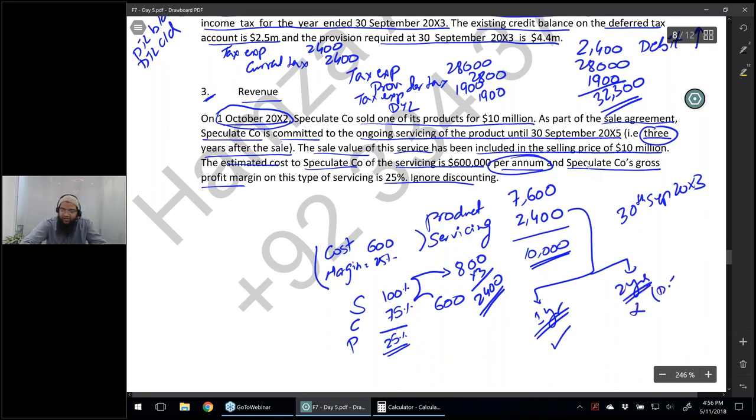That will be treated as deferred income. So 800 is the revenue for each year, into 2 is going to be 1,600. The values that we are calculating are in thousands. So the deferred income to be recorded is 1,600,000. Are you people getting this?